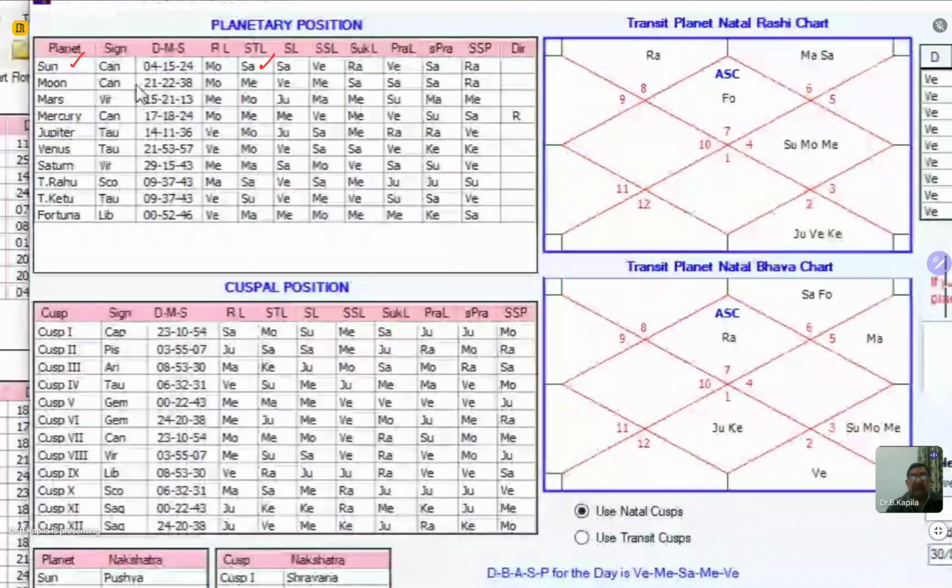Now the transit of Sun in the star of Saturn is okay. So when I do it, which date do I get? 27/7/2012. And that means now I have moved on to the prana of Venus.